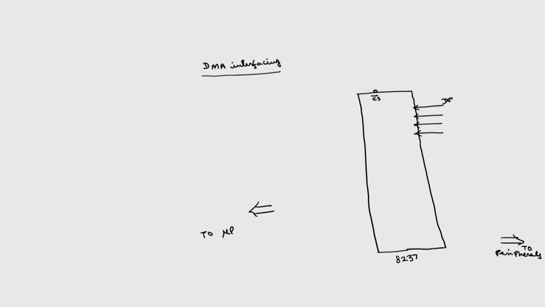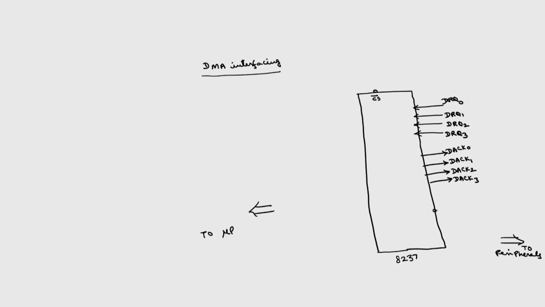The DMA request DRQ is available as an active high signal only: DRQ0, DRQ1, DRQ2, DRQ3. Similarly, there are 4 acknowledgement signals: DACK0, DACK1, DACK2, DACK3.